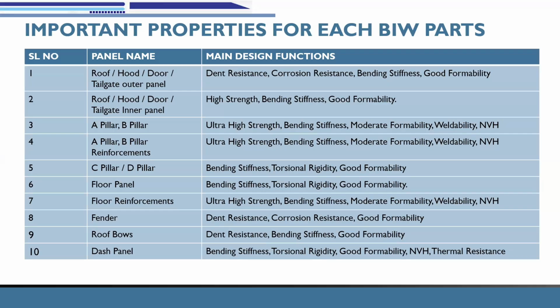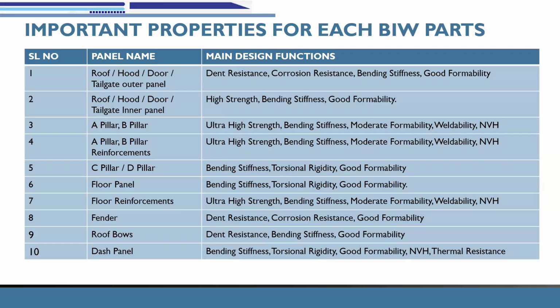So the major requirement is dent resistance and extremely good formability, because these are styled parts and high depth parts. Extremely good dent resistance and good formability are required for these panels.